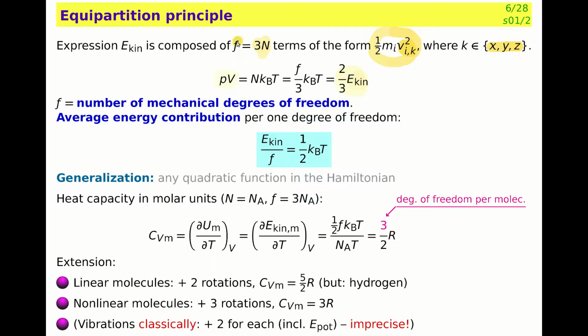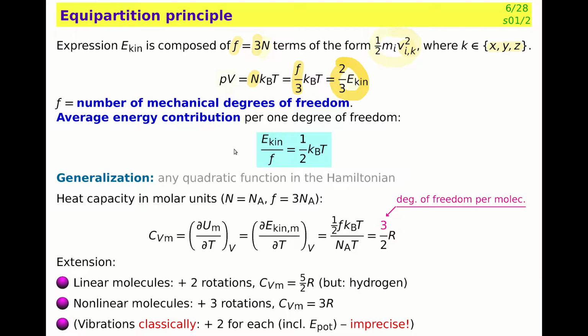Okay, this number f is called the number of degrees of freedom, or mechanical degrees of freedom, and 3 is the dimensionality of our space. It means that here the number of molecules can be rewritten as the number of degrees of freedom divided by 3, and it can be related with this formula.